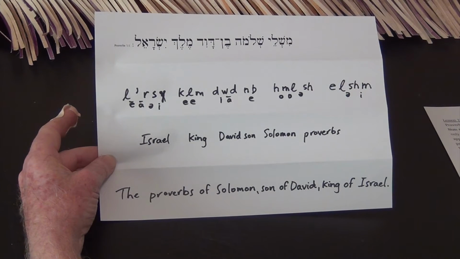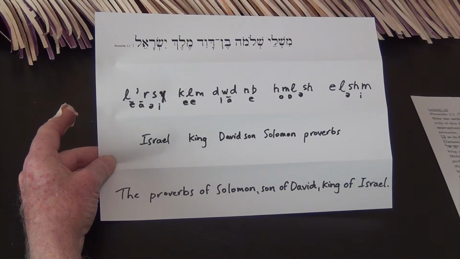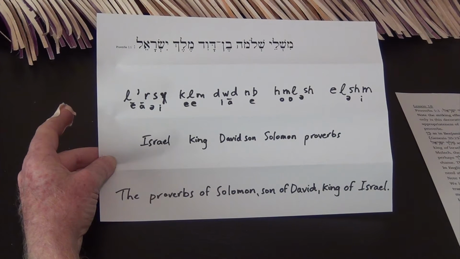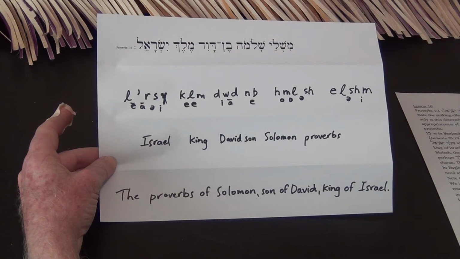Now, you may remember back in lesson 6, we looked at Proverbs chapter 1, verse 7, and just a few more comments about that. Proverbs are hard to translate because normally in translation you aim to get all the meaning.